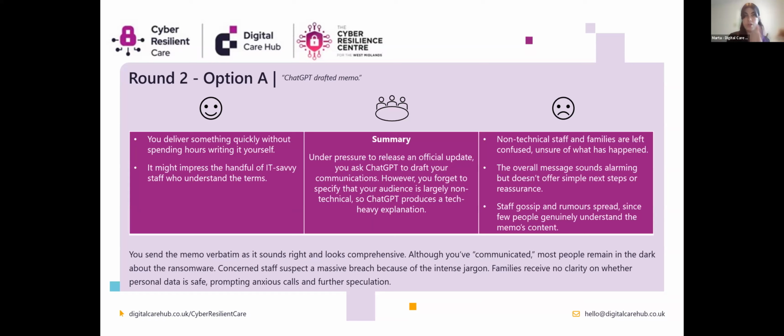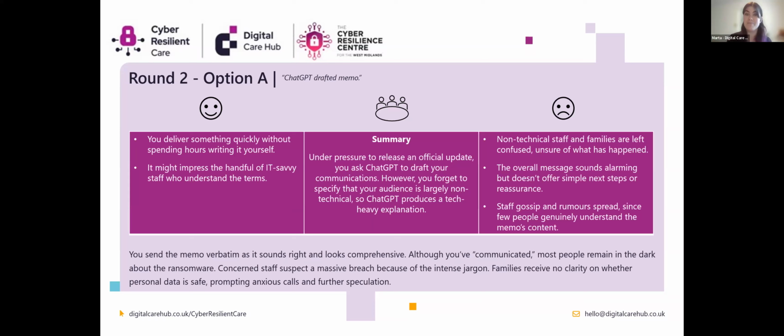So what are the benefits of choosing to do this? You deliver something quickly, which is great. You save time without spending hours writing it yourself. It might impress the handful of IT savvy staff who understand the terms. But on the other hand, non-technical staff, which I'm assuming in the care setting will be most staff, and families are left confused and unsure what has happened.